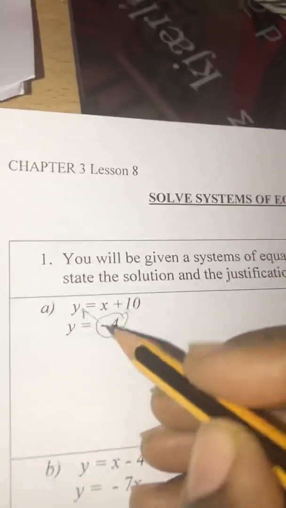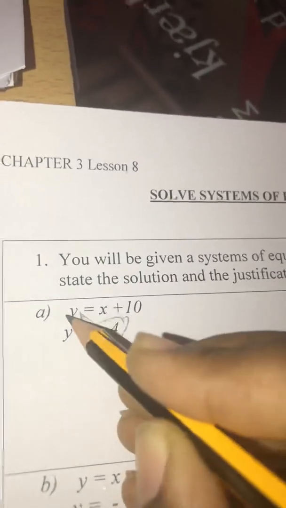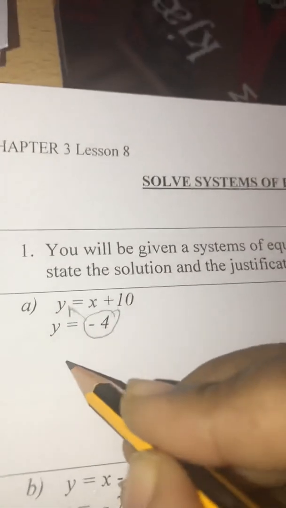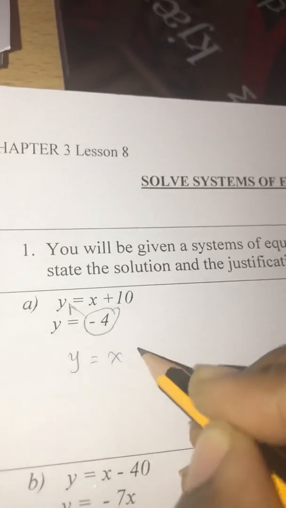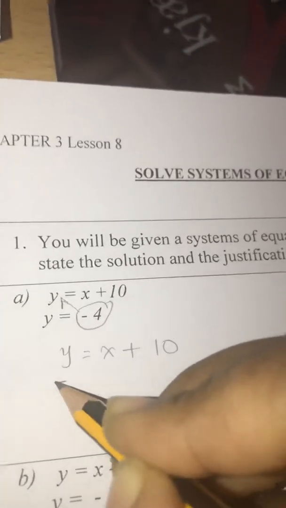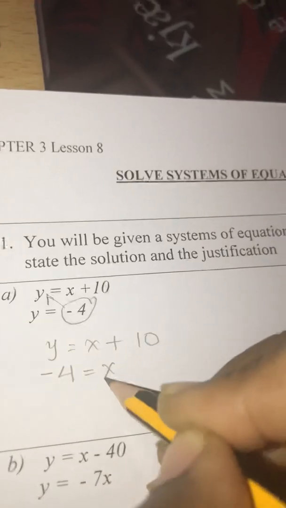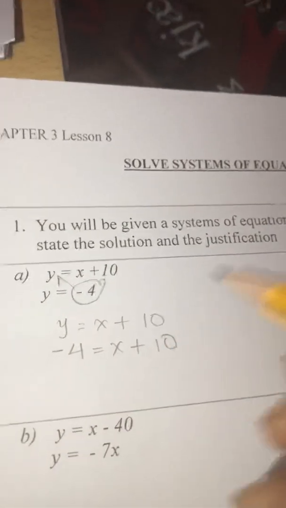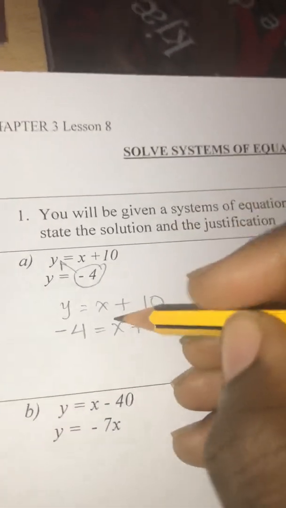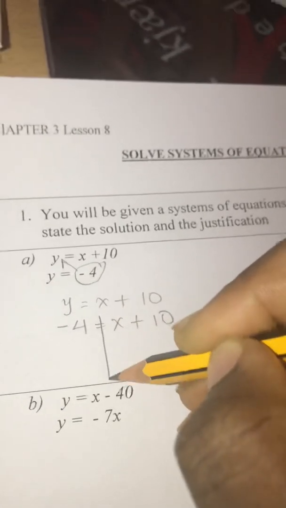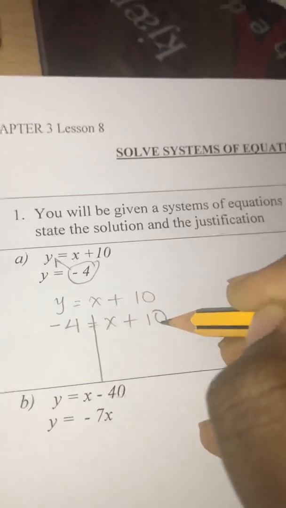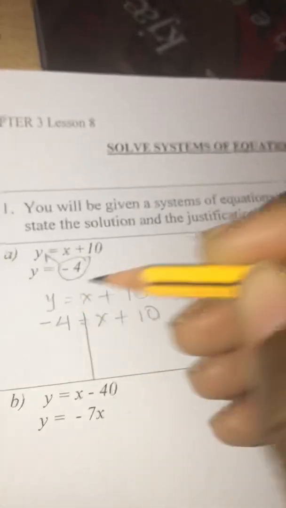So now I need to find x. So I'm going to put this -4 over here. So this will be y equals x plus 10. -4 equals x plus 10. Then we solve like we solved in lesson 2. I will draw my bridge. This positive 10 has to cross and come here.